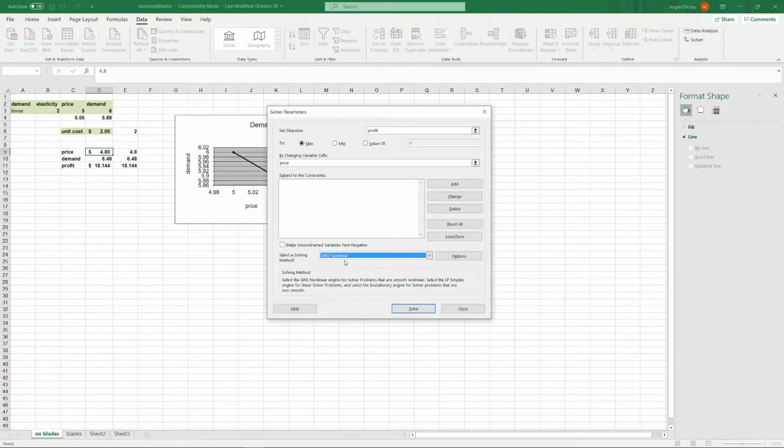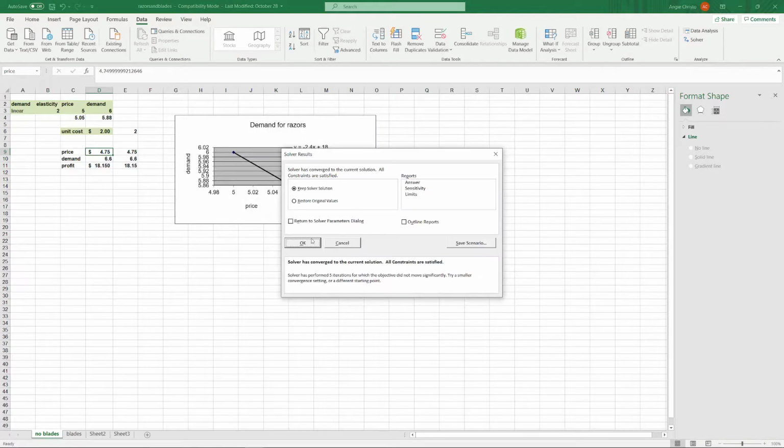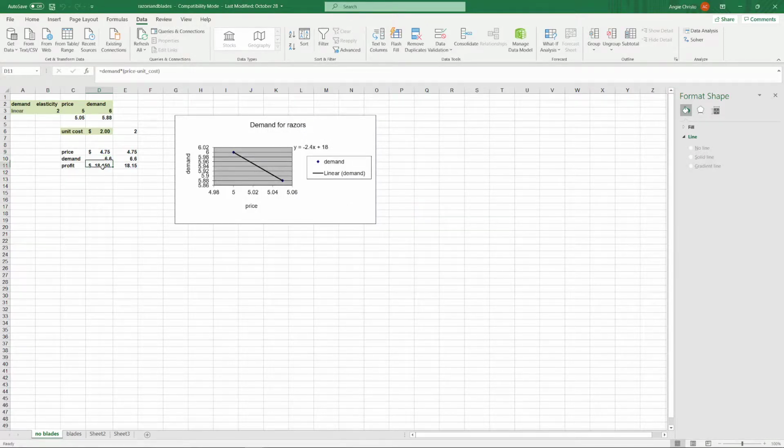But anyway, here we're using this one, GRG nonlinear, because all we're doing here is applying just and solve, right? We're just applying basic mathematical operations, subtraction and multiplication, right? Or division would also, all of these basic operations are included here in the cells that change so we can calculate this, right? So that is what we need to choose here.